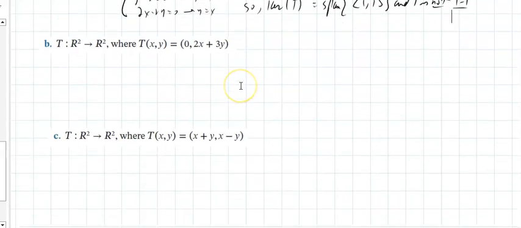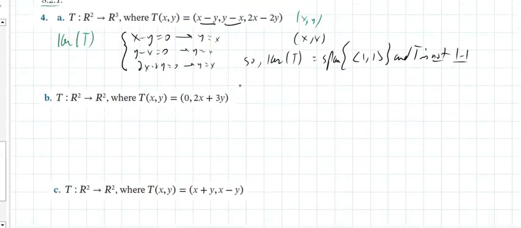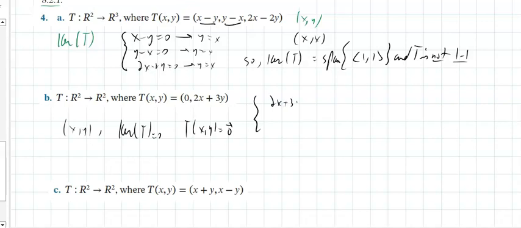If I look at the second problem, the same deal. I want to find the kernel of T. Let's see, x and y. I want the kernel of T to equal 0. So I want T of x, y to equal 0. Well, let's see. Then I want 2x plus 3y equals 0.